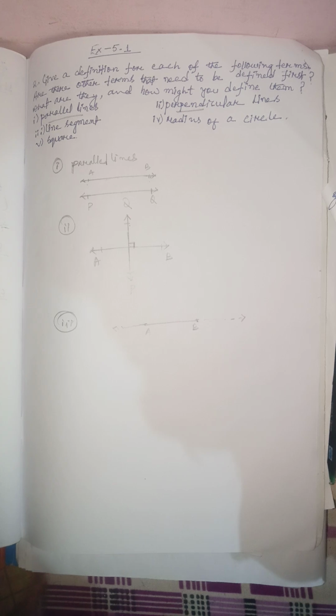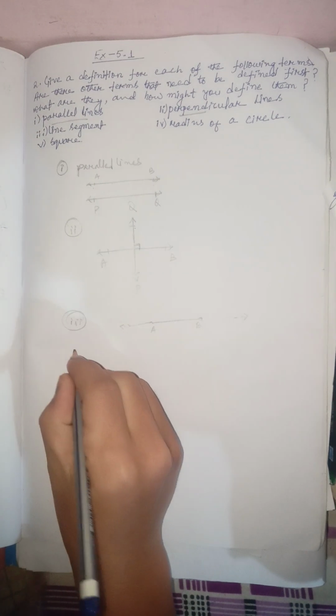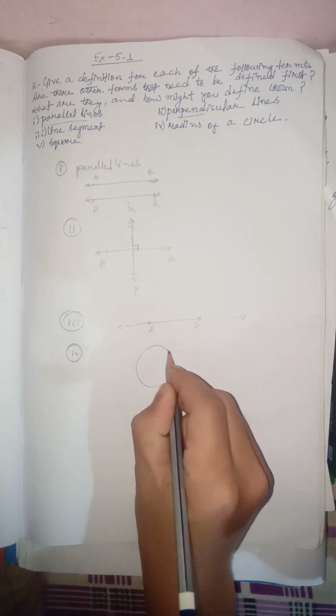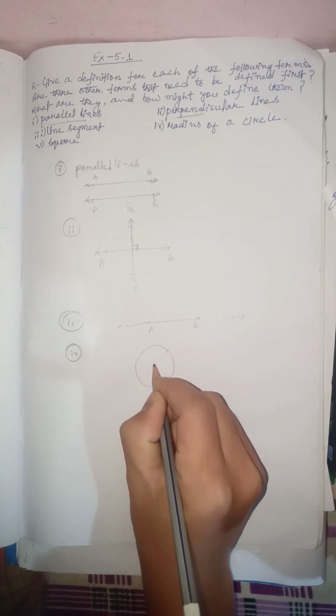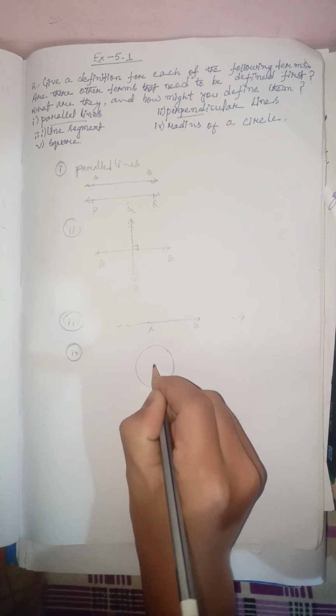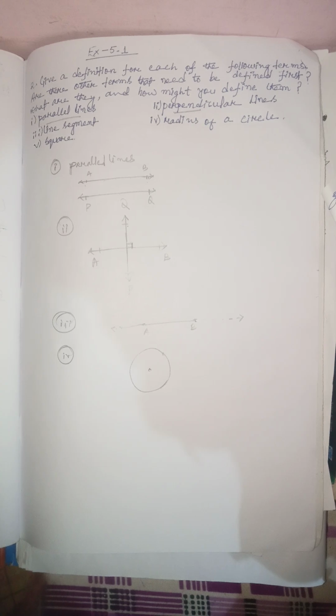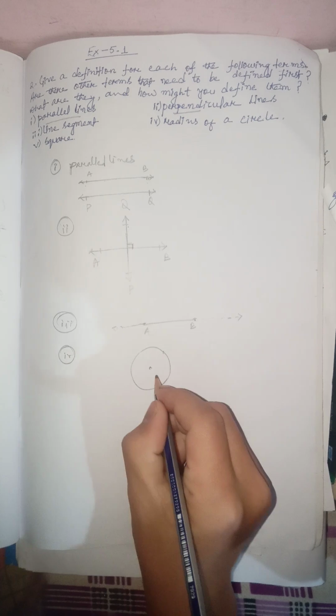Okay, then let us move to just before the last, that is Roman number 4. We have the radius of a circle. First we need to draw a circle, and after drawing it, let me take this as the center. To define radius of a circle, we need a center.